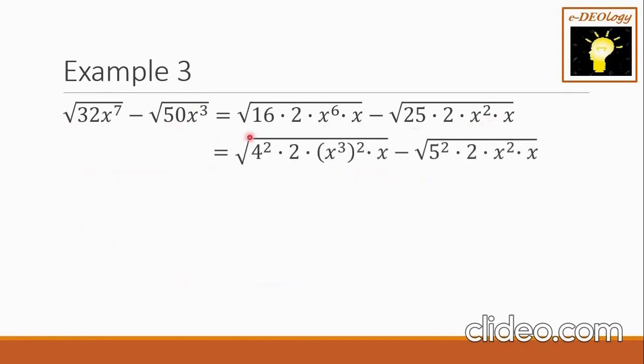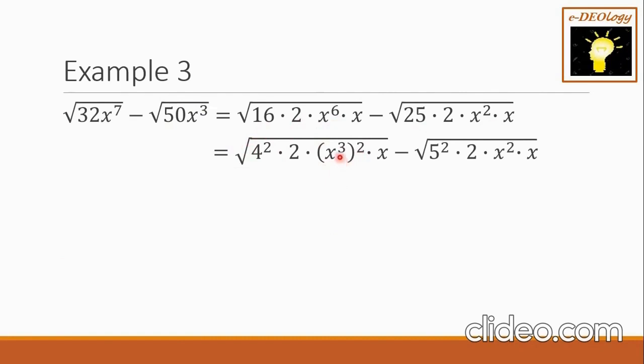And then we're going to show that this 16 is the same as 4 squared. Then I copy the 2 here. For the x raised to 6, I'm going to represent this as a value with power 2 because our index here is 2, but the value inside here must be x cubed.